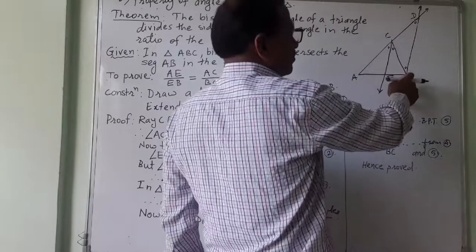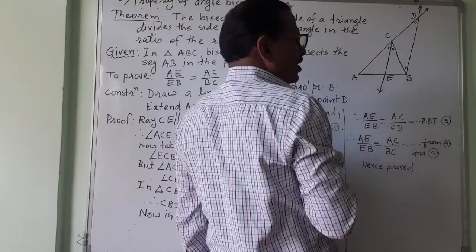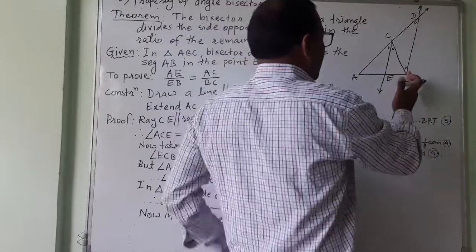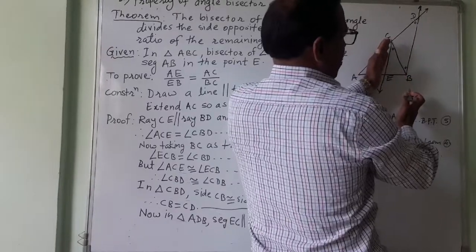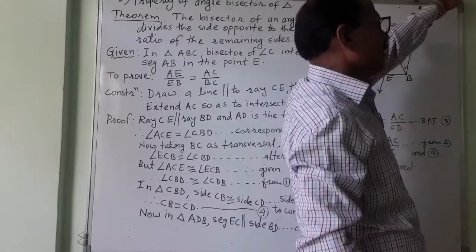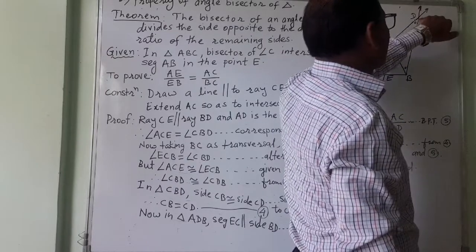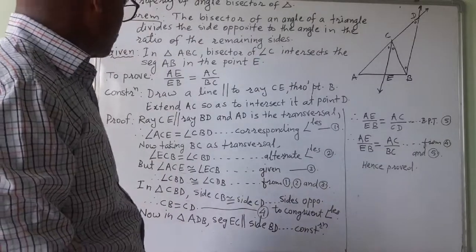Draw a triangle. Draw the angle bisector. Give the name point E. Now from B, I will draw a parallel line and extend AC to meet it in the point D. This is all the construction.